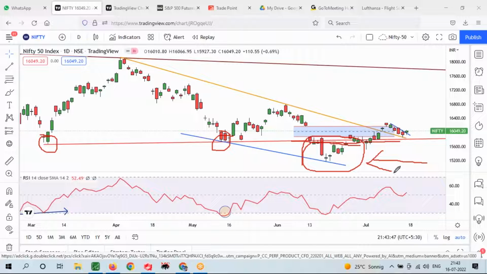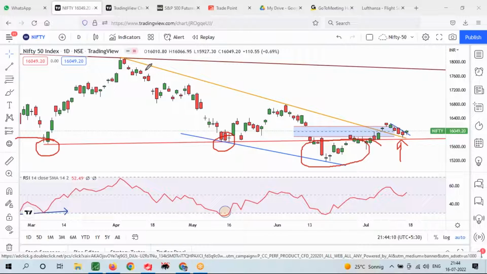It's a post-mortem analysis, but now it seems that during this retest, this red line is held. You can see very clearly it did not go below the red line. This low trend line is held here easily. So this was a false breakdown clearly, and we have crossed this trend line also. The fall from this level, 18,100 odd levels, to 15,000 is now over.